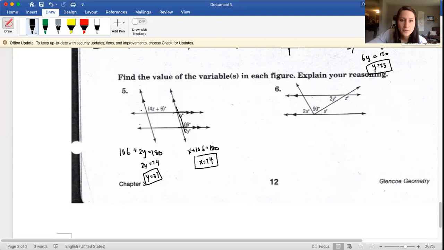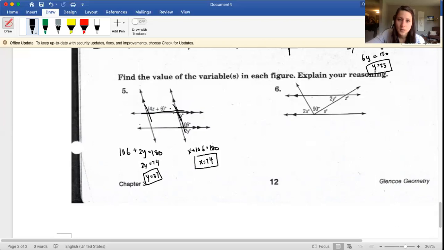And then finally, I'm going to look at the relationship between 4z plus 6 and maybe x here, because I've got my parallel lines here. This is my transversal. So always identify what are your parallel lines, what's the transversal before you identify the angle relationship.